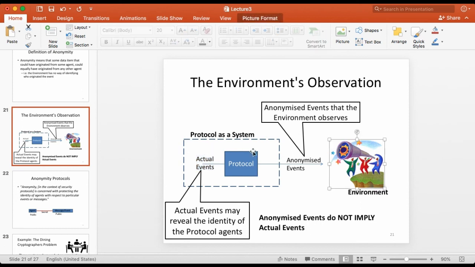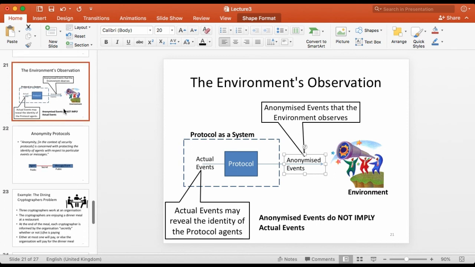So in fact, in this case, you can think of the protocol as having two layers: the actual protocol with all the nitty-gritty stuff that goes on within it, and a protocol as a system that can be observed by the environment. And that's where you would want your events to be completely anonymized. In other words, you cannot identify who has performed what in the protocol at that level.